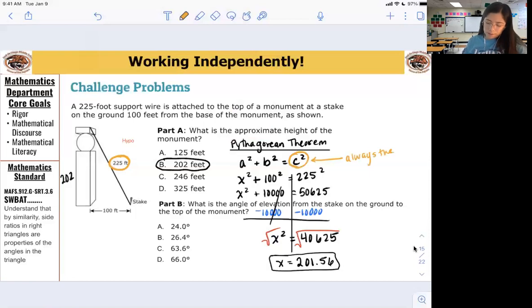The hypotenuse. Always the hypotenuse. When you're using the Pythagorean theorem, the hypotenuse goes in for C. A and B are just whichever of the legs you want to put in. Doesn't matter. Questions on the Pythagorean theorem? Okay.